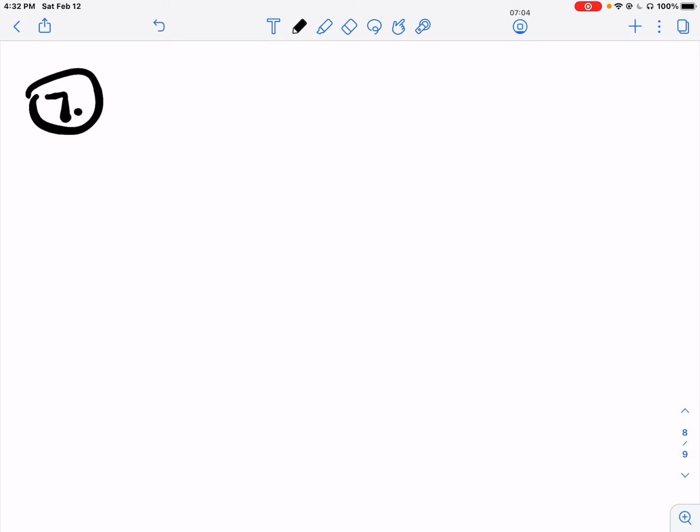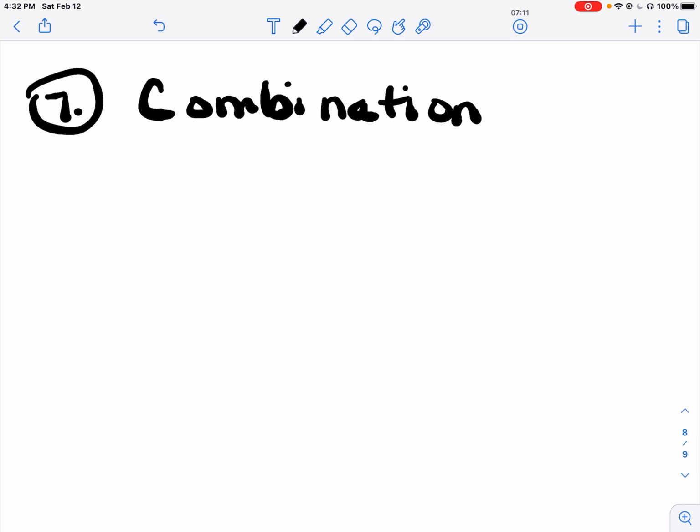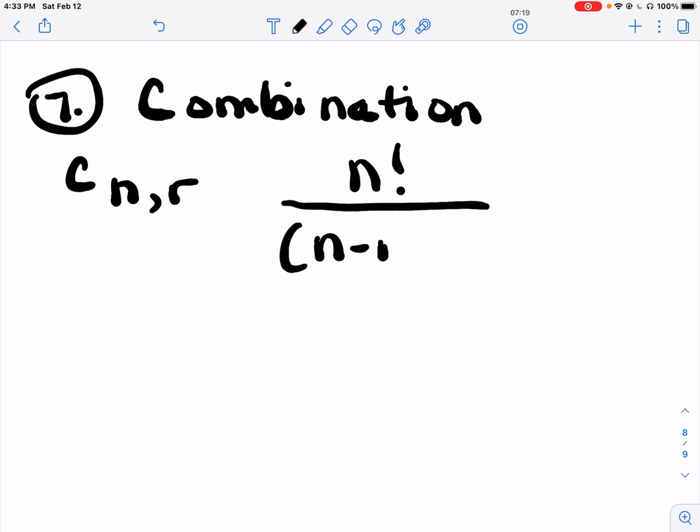Number 7, C stands for combination, and C of N, R is this formula. Okay, so if we have, I'm going to go to the next page.